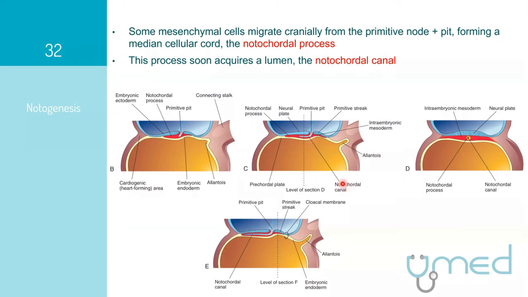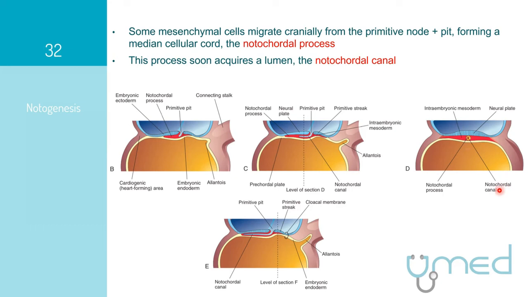So you can see that here. This diagram D is just at this level, right? So they just cut here and they look at it from this direction, right? And they flip it for you. So you can see identified here you have your neural plate, which is here, all right?